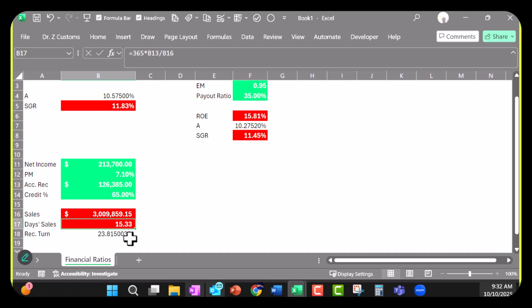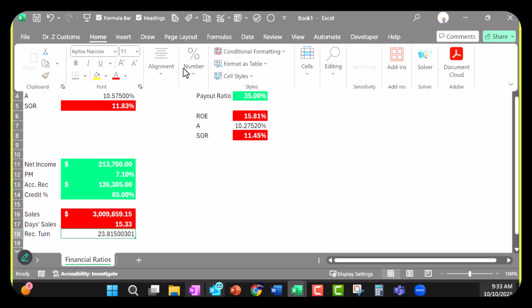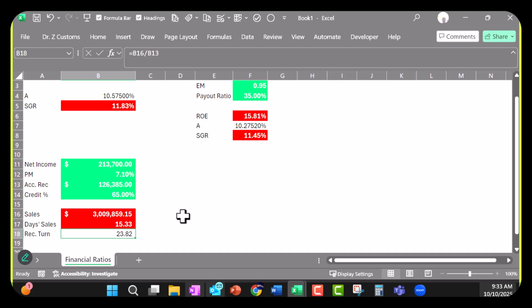And I could have calculated this as 365 divided by receivables turnover. Either way, you get the same answer, whichever one is more convenient for you. Is it clear how I got this?